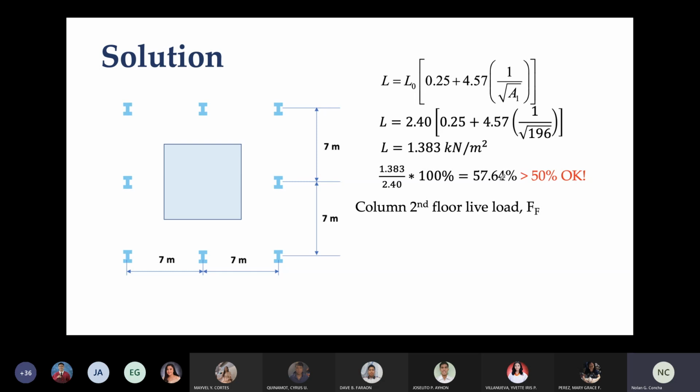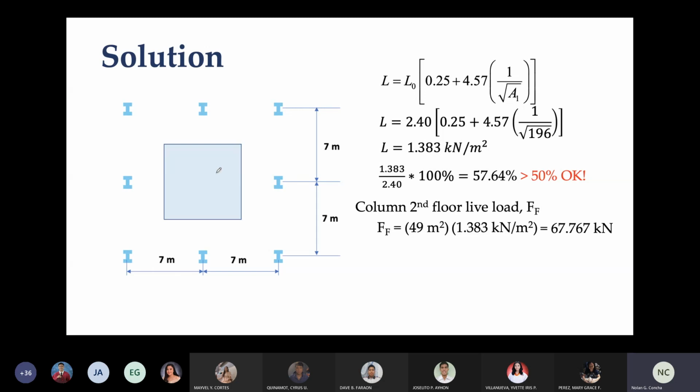Yung column sa second floor live load, FF, 49 times 1.383, this one is the given unit weight doon sa floor live load natin. Reduced floor live load. And so yung total will be 67.767 kilonewtons. Ito yung area na tributary. Ito yung pressure ng live load distributed over the area.